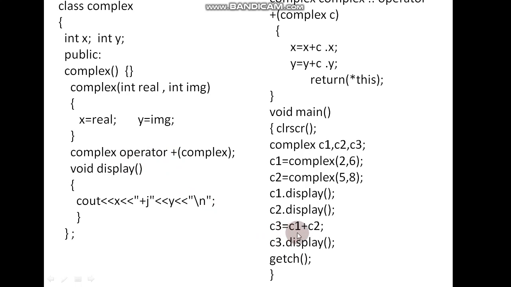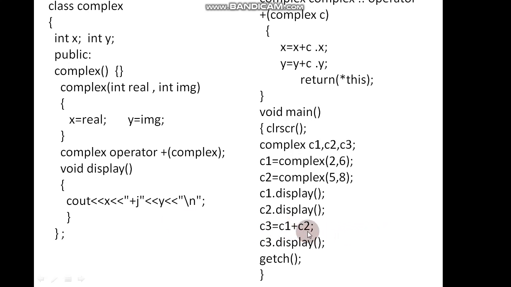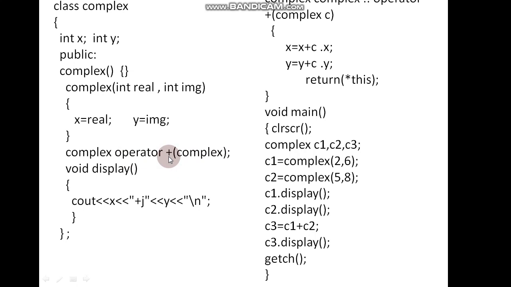The data members inside C1 will be passed implicitly to the function. We have to pass C2 explicitly. So this operator function, which is a member function, will take the second object, as the first object is calling this function and that object is passed implicitly using this operator.